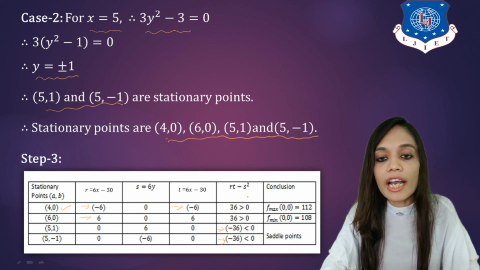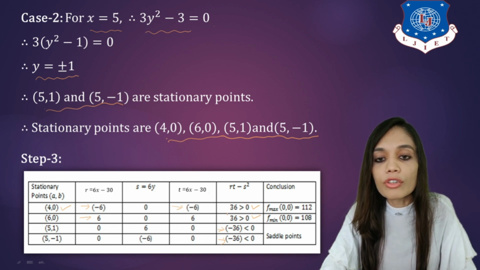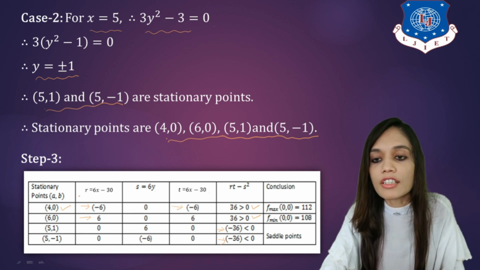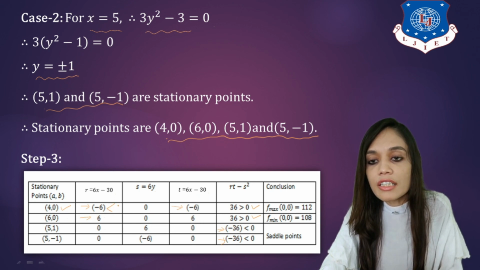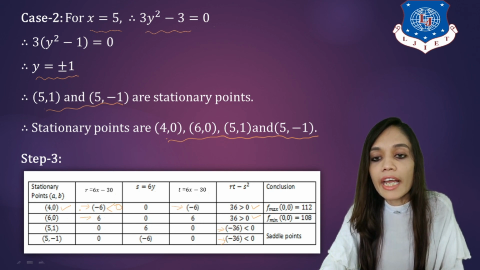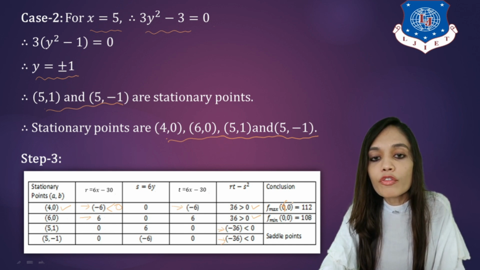Now let us see our rt minus s square. In these two we are getting greater than 0. So we will get extreme values at these 2 points, that is (4, 0) and (6, 0). So firstly let us check the value of r. Here it is less than 0. So we will get our maximum value at the point (4, 0). By putting the value (4, 0) in our question, you will get answer as 112.